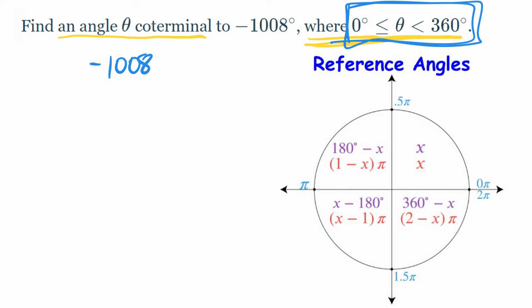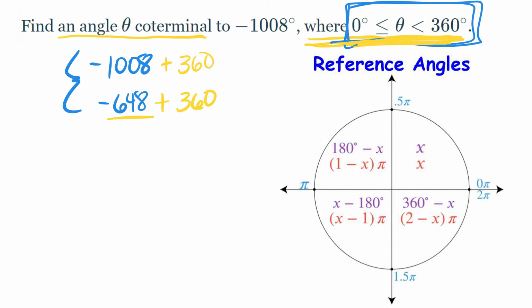So if we add 360 to this amount, we are now at a coterminal angle that is negative 648. These two angles are coterminal, but the angle negative 648 does not fall in the range that they wanted me to be in. So I'm going to add another 360. This takes me to negative 288.